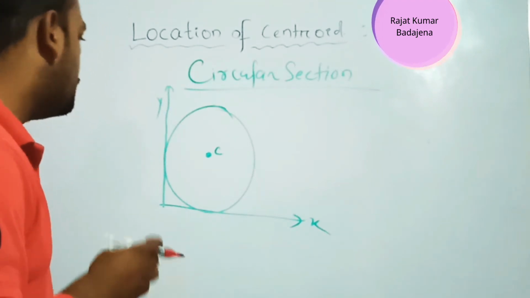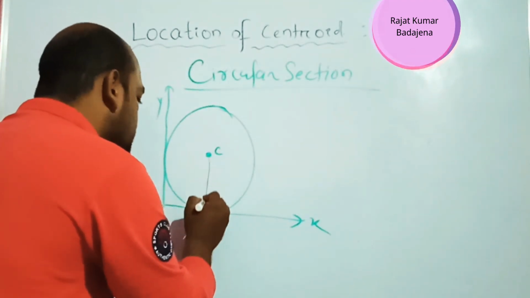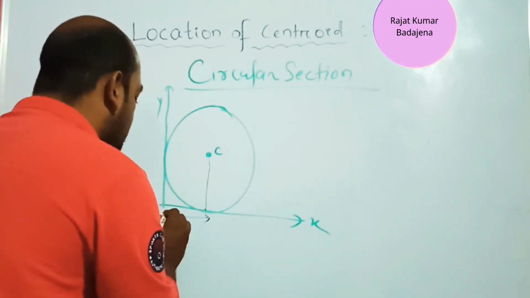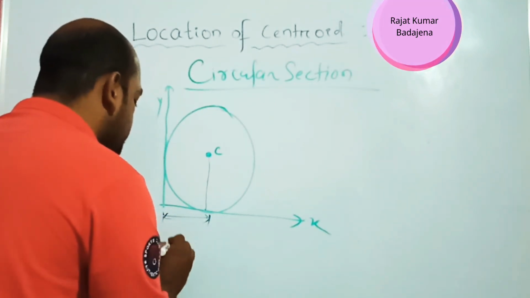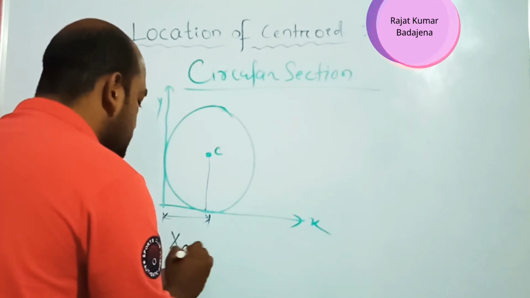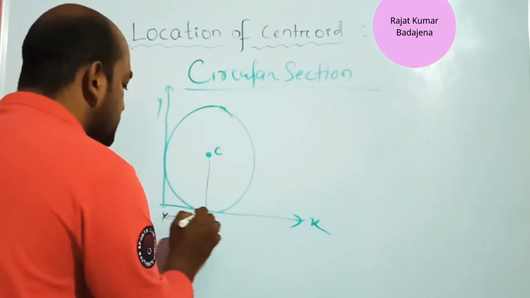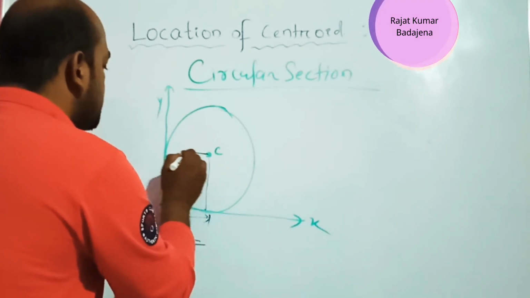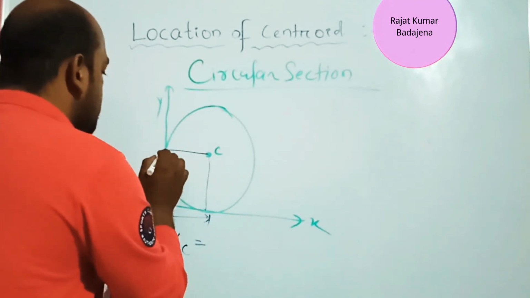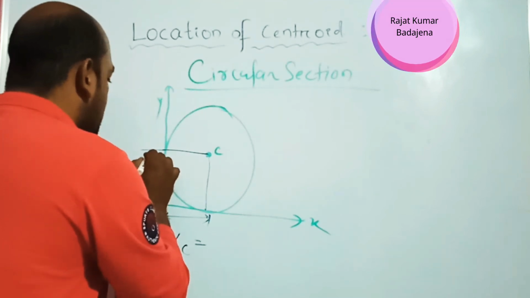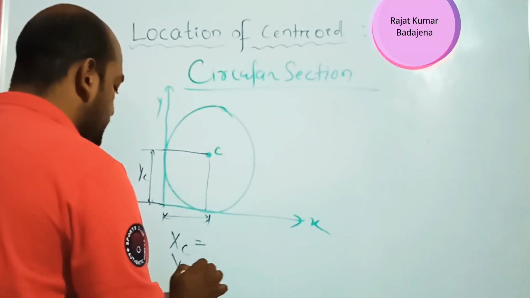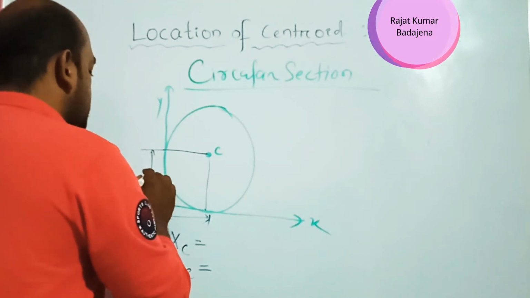So this distance is the centroid about the x-axis, and from this point to this point, this distance is the centroid about the y-axis.